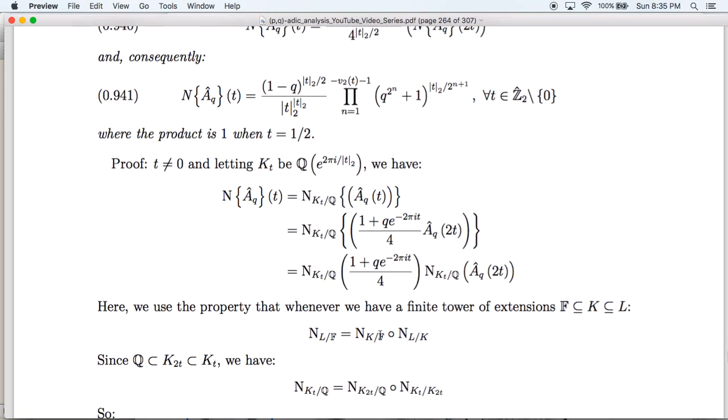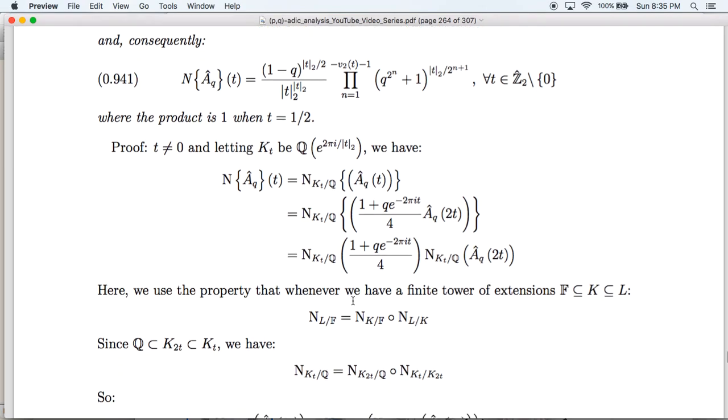Now we're going to use the interaction between field norms and towers of extensions. Whenever we have a finite extension tower F, K, L, the norm of L over F is equal to the norm of K over F applied to the norm of L over K.